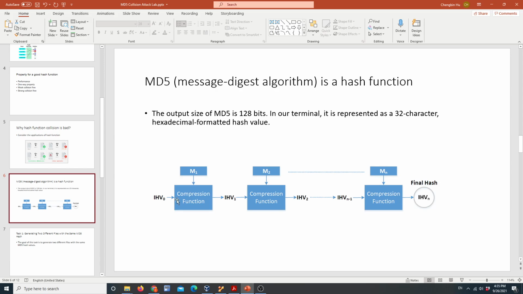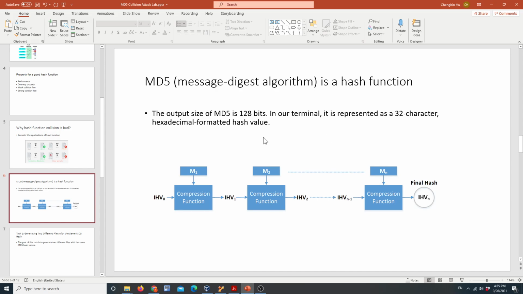So the hash function we use in this lab is MD5, and the output size of MD5 is 128 bits, and in the SEED Ubuntu terminal, it is represented as a 32-character hexadecimal hash value.